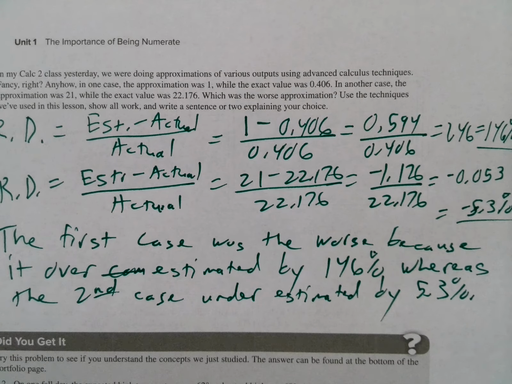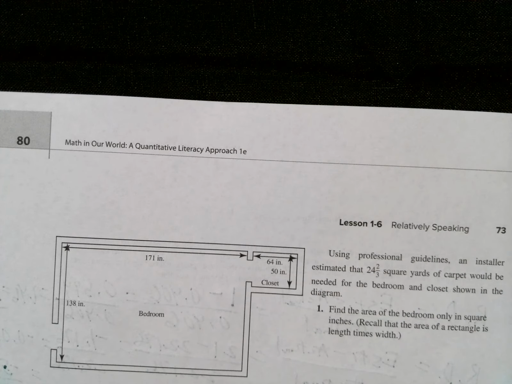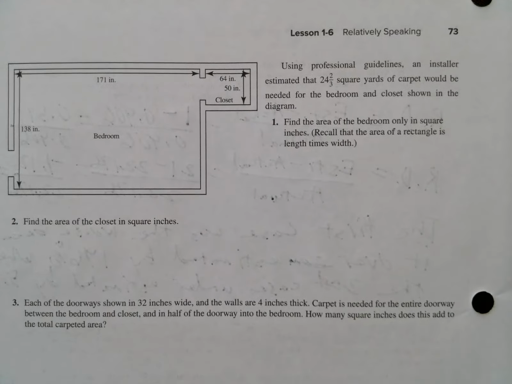If we overestimated the cure by 146%, like having a surplus, everybody would be okay with that because we could use that for future uses. But if we were short 5.3%, that could be hundreds of thousands and millions of lives affected. So it just depends on the scenario, but based upon this scenario, this would be a good conclusion to have.